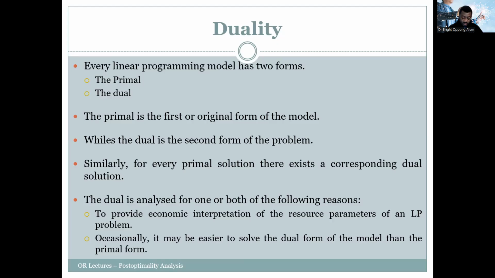One, to provide economic interpretation of the resource materials or the resource parameters of an LP problem, and occasionally it can be easier to solve the dual form of the model than the primal form. Sometimes it's difficult to solve the primal form, but easier to form the dual.